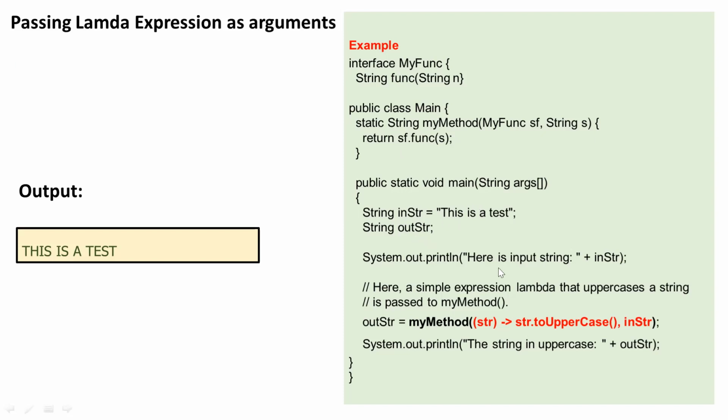What you have here is the input string. You are directly passing inStr, so it will be printed: this is a test. Now outStr, here is a simple expression. This str string you are converting to uppercase. So your output will be uppercase.